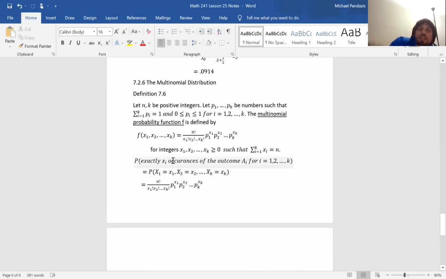Okay, so if each of the outcomes A sub i is occurring x sub i times, then the probabilities of each of them are p sub i. And so them occurring x sub i times means that p sub 1 to the x1 times p sub 2 to the x2 times dot dot dot times p sub k to the xk.